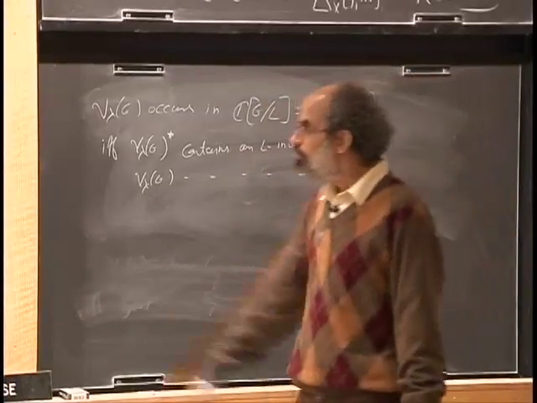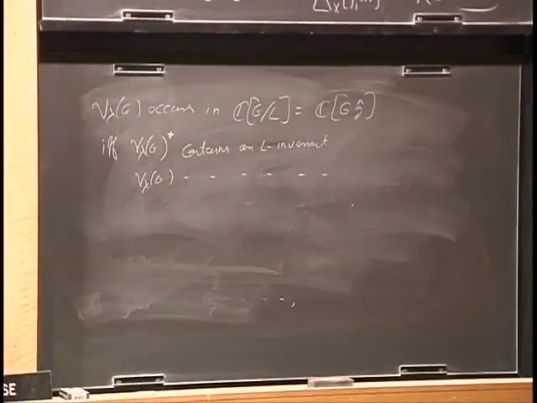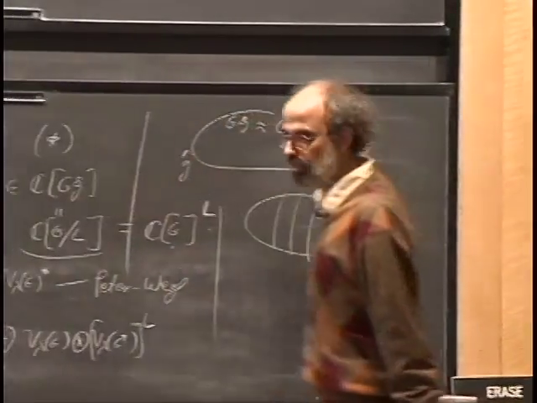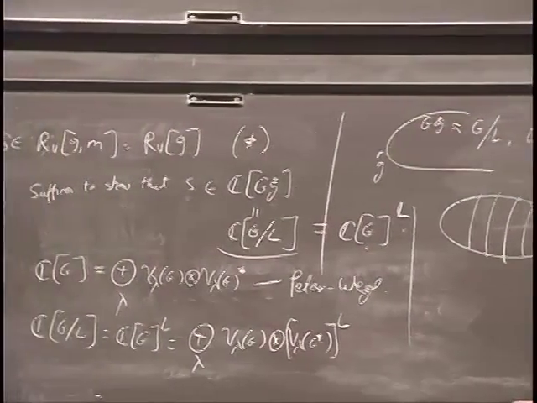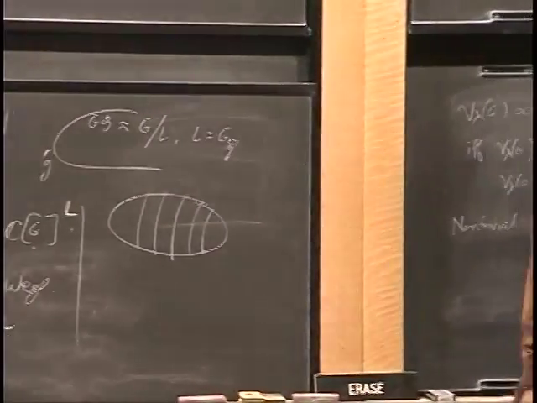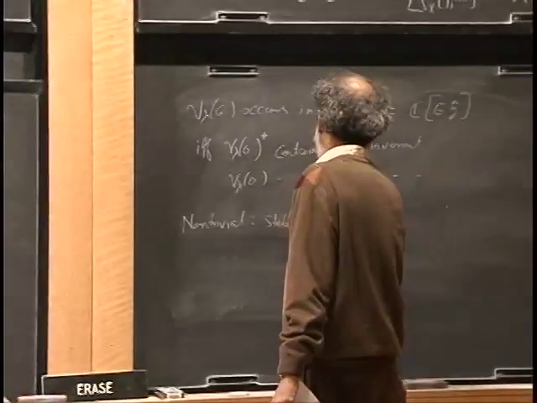Okay, which is what we wanted to show. So if S contains an L invariant, it occurs in this. So basically the non-trivial part is two things: stability and Peter-Weyl.